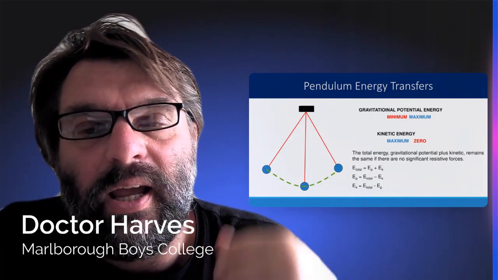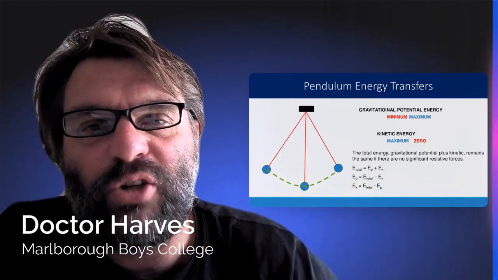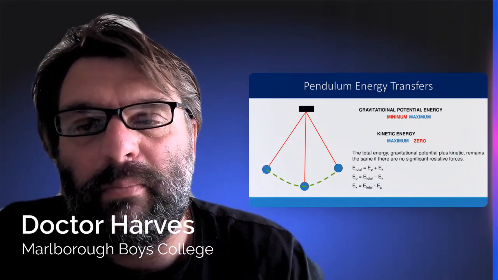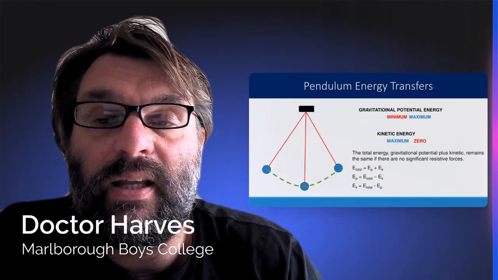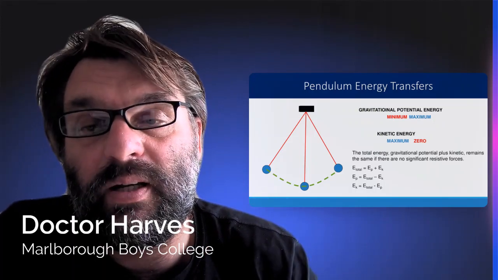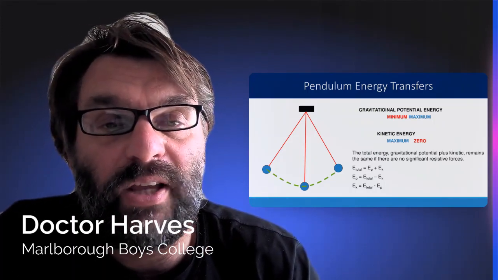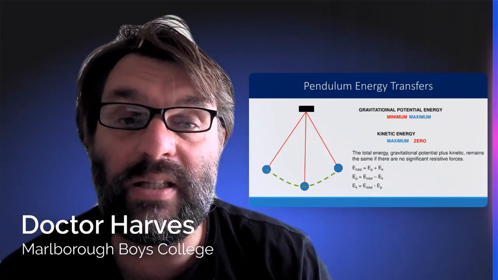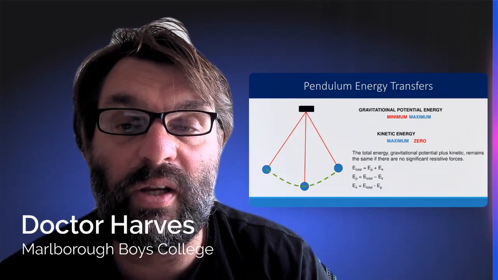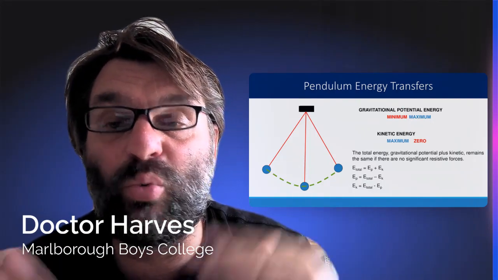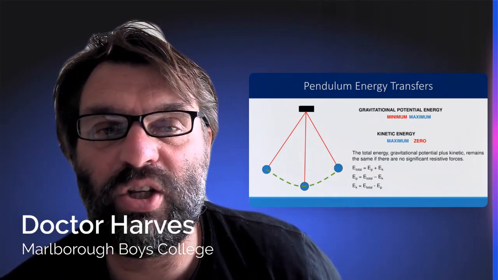So going through it again, at the top, maximum gravitational potential energy, at the bottom, minimum gravitational potential energy, and at the top, minimum kinetic energy and maximum kinetic energy at the bottom. So the total energy stays the same, but the ratio of kinetic to potential energy changes.